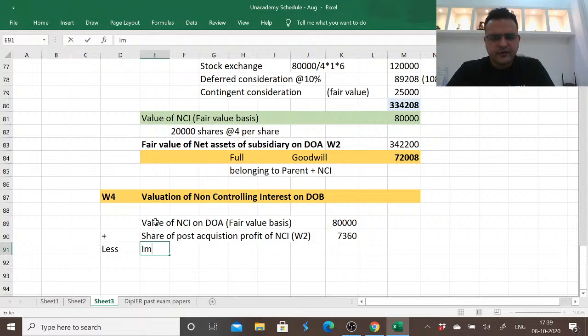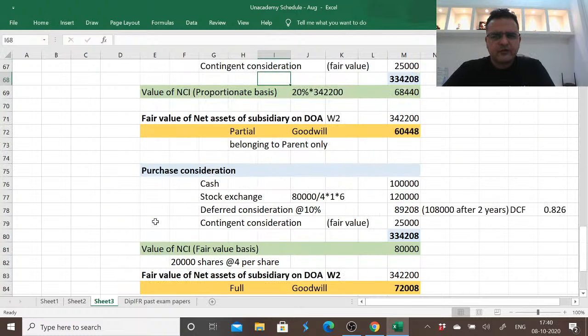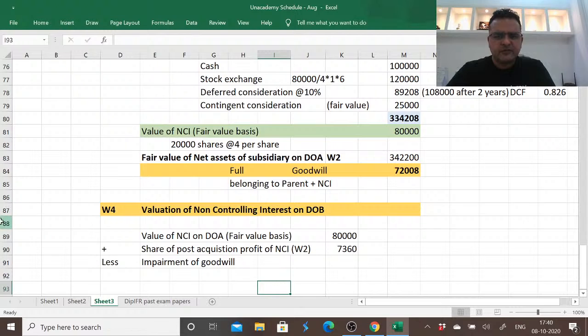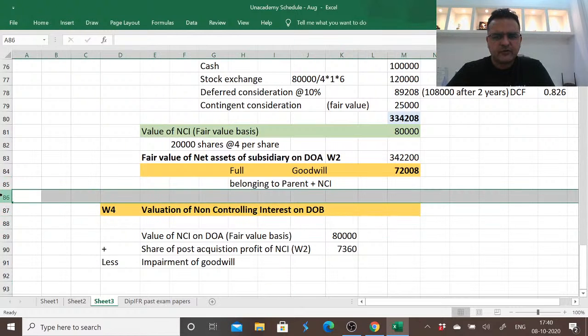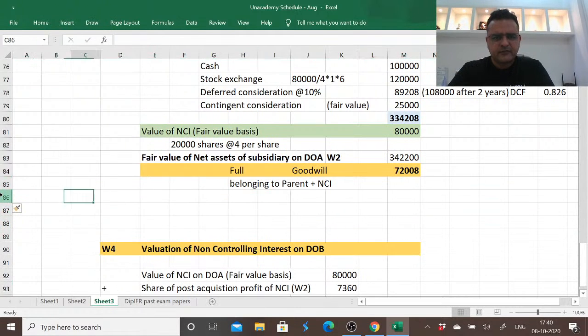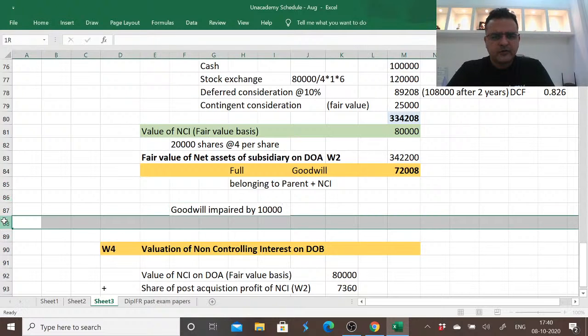Suppose goodwill was impaired by 10,000. Then impairment of goodwill. So goodwill we calculated was 72,008. Suppose goodwill got impaired by 40,000.